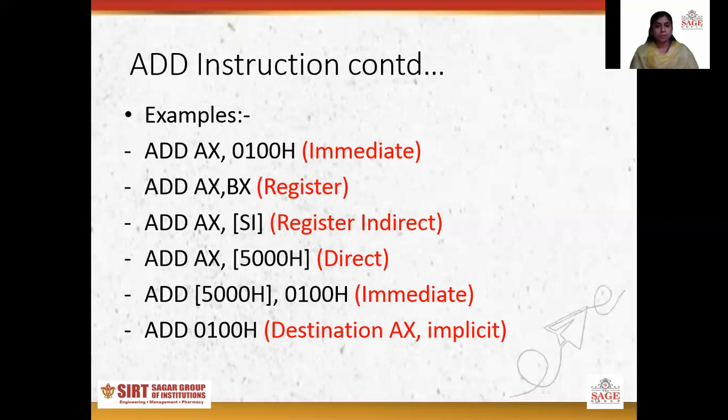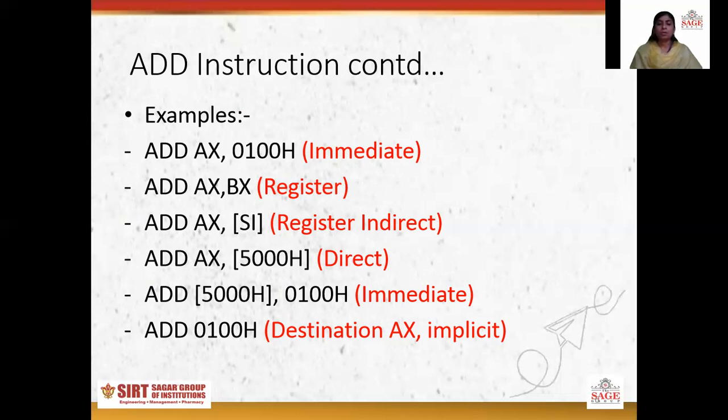Third is the register indirect example. Here SI, the source index register, holds the memory location. The data stored at this memory address will be added with the AX register data, and the result will be stored in the AX register.